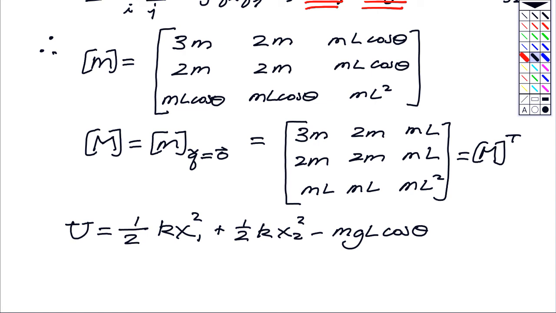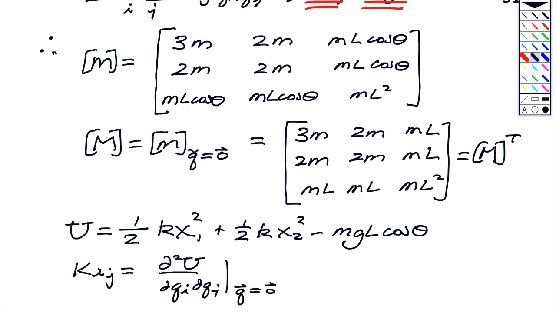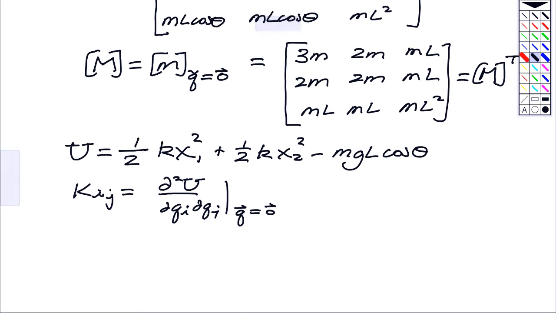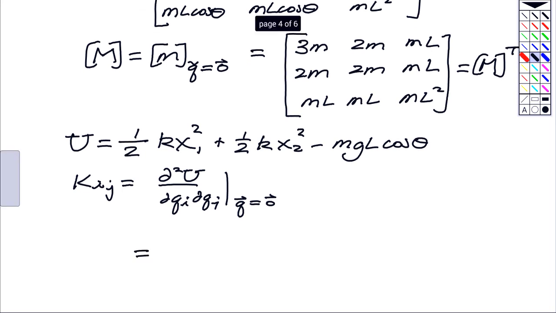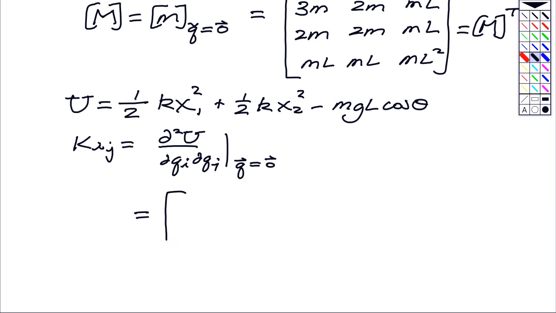The way we find our stiffness matrix coefficients is to take the mixed partials of U with respect to the Q's, and when we get through, we evaluate that at the equilibrium state, which in this case is Q equal to 0. So if we do that, we see that there are very few non-zero terms here because there's really no coupling in the stiffness among the 3 coordinates.